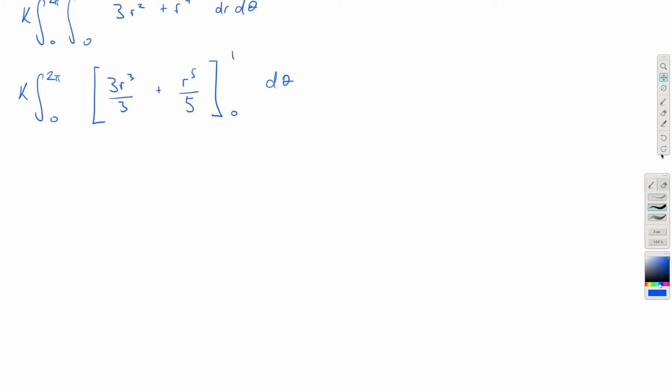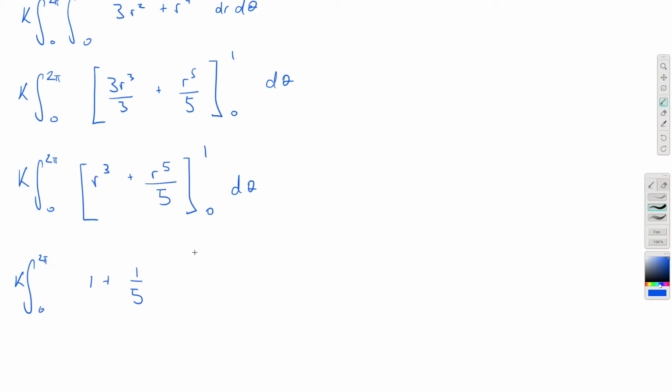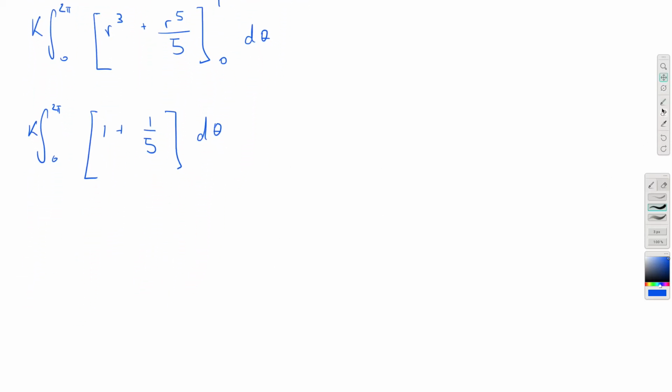This gives you k, integral 0 to 2 pi, of r cubed plus r to the 5 on 5, so I'm just simplifying it down: 1 plus 1 on 5, d theta. Now you're going to integrate that with respect to theta, and you should be able to do that quickly in your head. That is just 6 on 5.